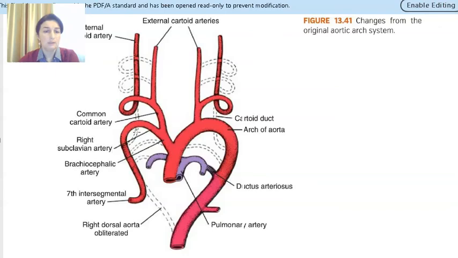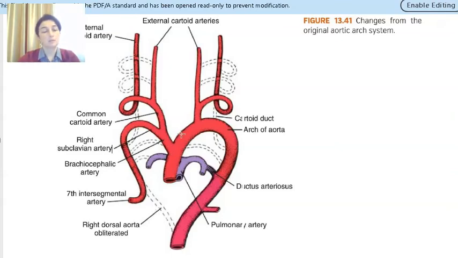In both sides, this carotid duct will disappear. Then the part of the right dorsal aorta that is located after the level of the seventh intersegmental artery will also disappear.